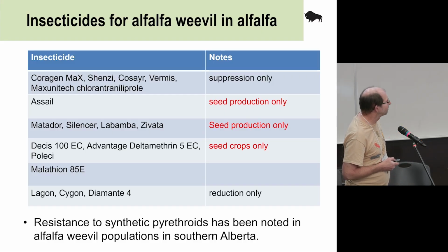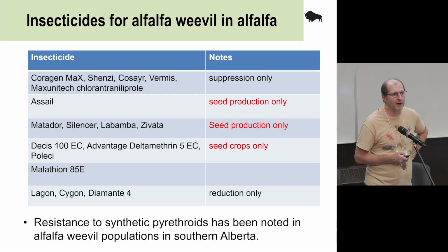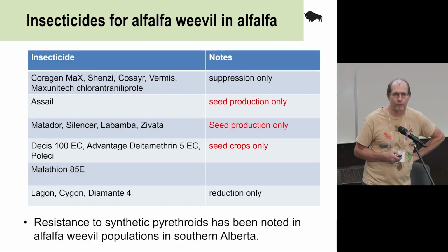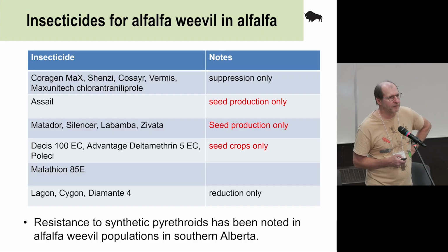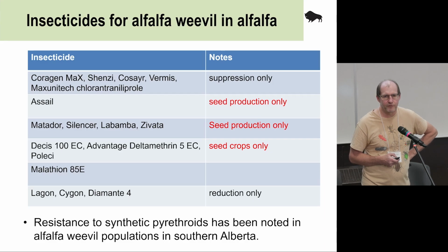The other thing I should mention is there has been resistance to alfalfa weevil that has started to show up in Alberta. Boyd Morey is doing some research on this, and in the Alberta populations, he can find truly resistant weevils to pyrethroids. I was helping Boyd out this year by doing some tests in Manitoba.